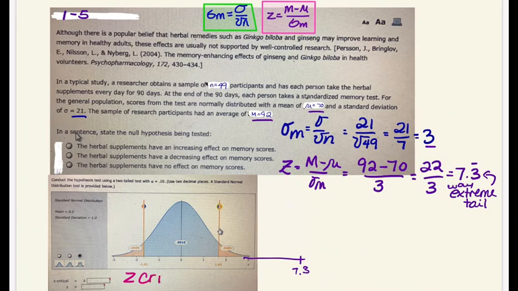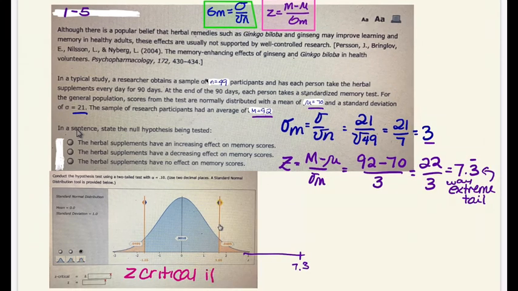After we find our z, we're going to take a look at what our critical threshold is before we can make a determination whether to reject or not reject the null. And in the homework, when you take the slider and move it back and forth, that is based on your alpha level.